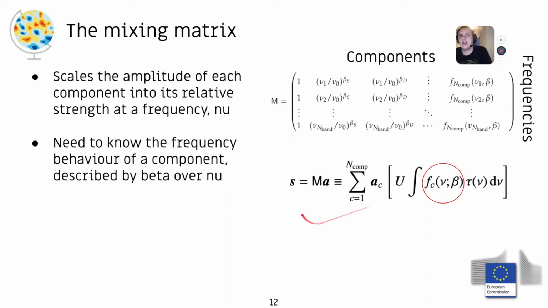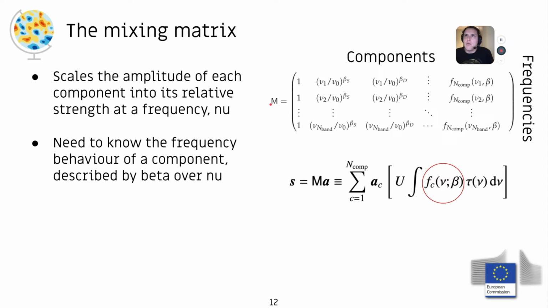Underneath here, there's a more advanced way, and that's just including a unit conversion factor to convert each of the components to the same unit. And there's also including the frequency dependence through the bandpass for each of these bands, because they usually aren't defined at one single sharp frequency.